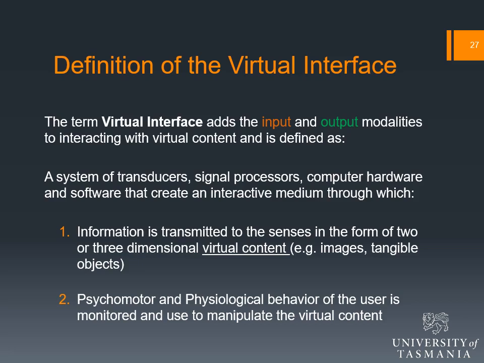It is a system of transducers, signal processing, computer hardware, and software to create an interactive medium through which, number one, information is transmitted to the senses in the form of 2D or 3D virtual content. This could be an image, objects, or anything that is interactable.